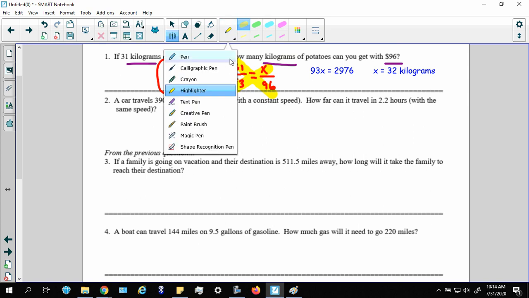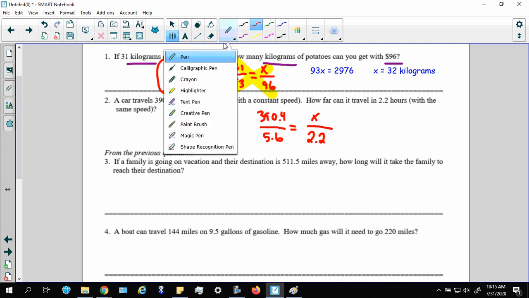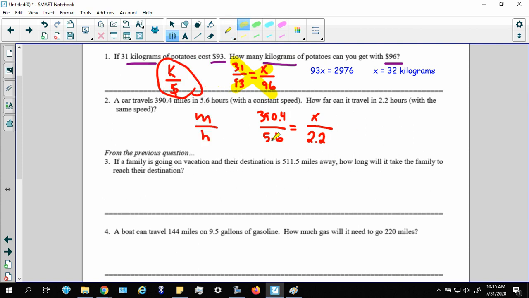All right, so again, I'm going to do miles over hours because those are the two units being compared. So that's going to be 390.4 over 5.6 is equal to x over 2.2. Now, given the fact that this is our third time, I'm going to speed up a little bit.